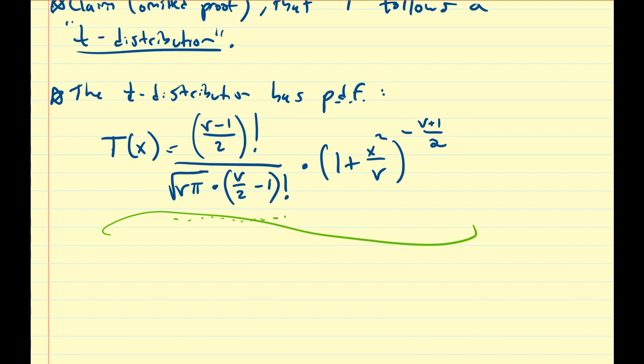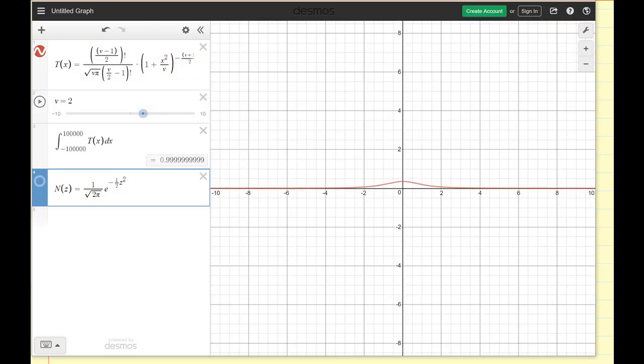So if you put this expression into Desmos, where nu corresponds to the degrees of freedom, then you're going to see a shape that should look fairly familiar to us. This is pretty much the graph that we get. And if we recall the normal distribution, well, that's what this sort of looks like.